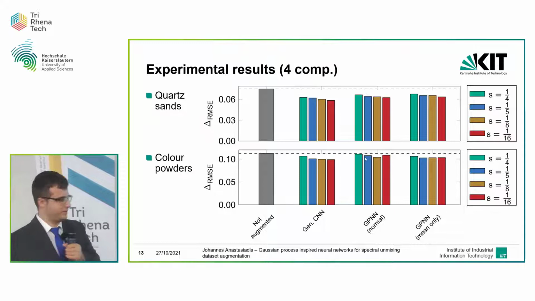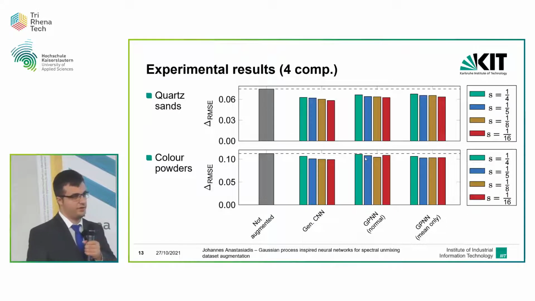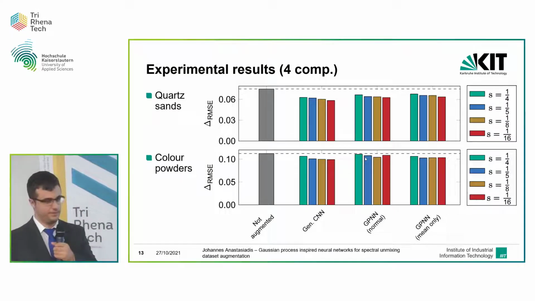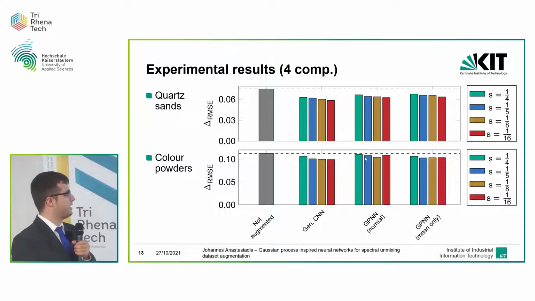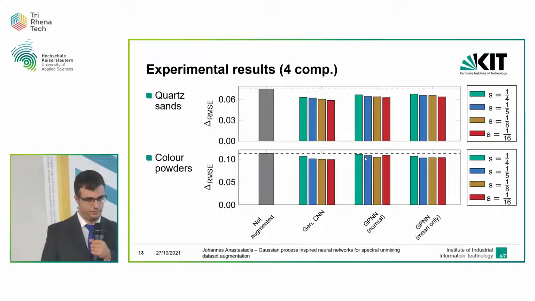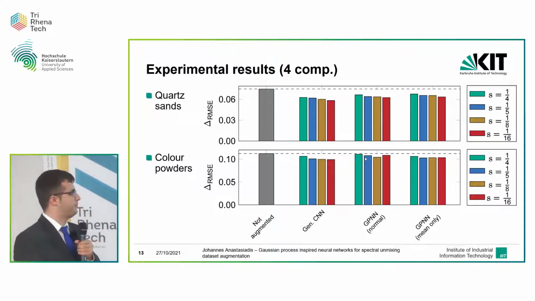On this slide, you can see the same diagram for the remaining data sets. If you have more components for the quartzon data set, you can see that the generative CNN is a little bit better, but this still works, and it works quite good.